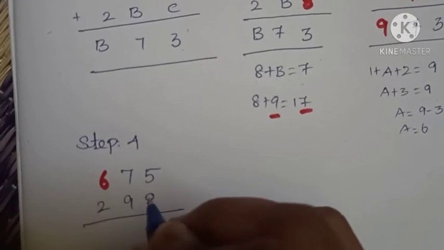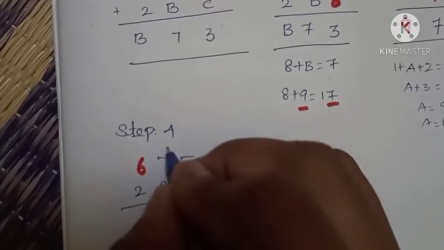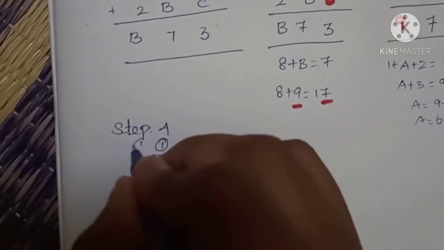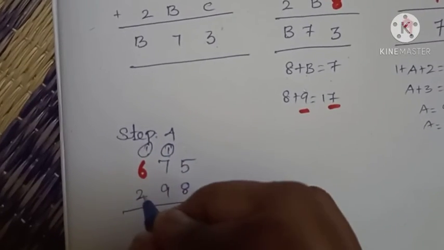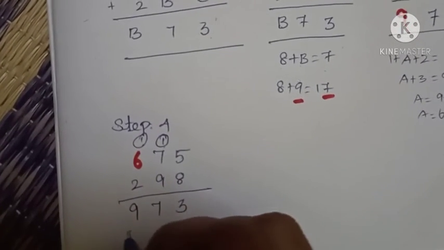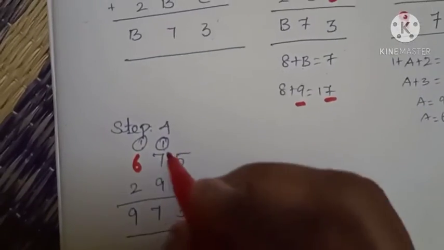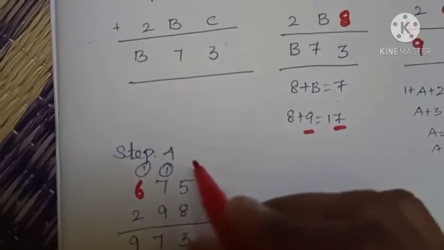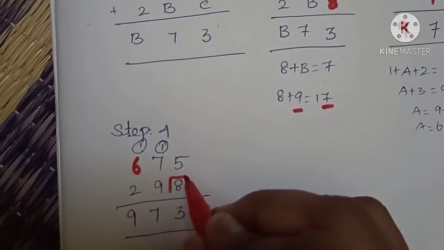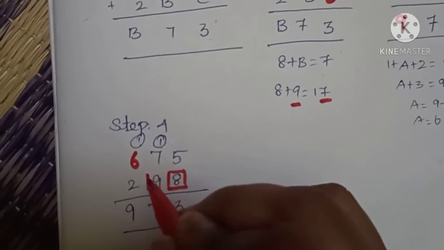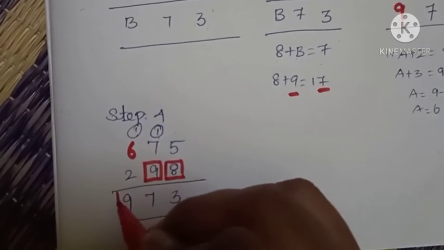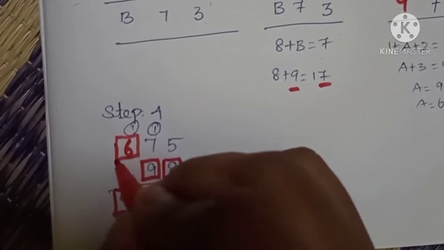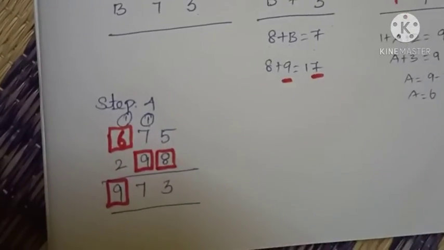Now you add: 8 plus 5 equal to 13, 3, remaining 1, 9 plus 1, 10, 17, 7, remaining 1, 6 plus 1 plus 7 plus 2 is 9. So now you can see, first we replaced the value of C as 8, and the value of B as 9, and the value of A. So A, B, C you got it.